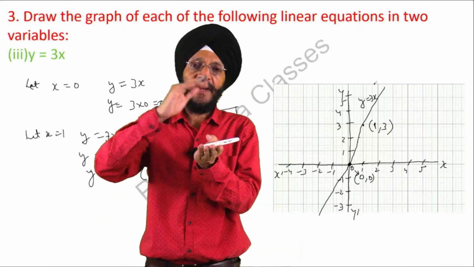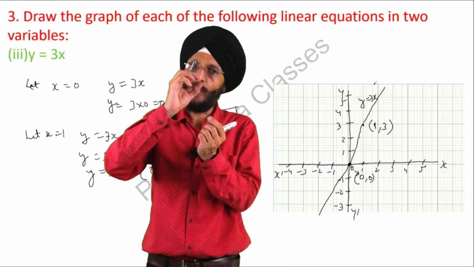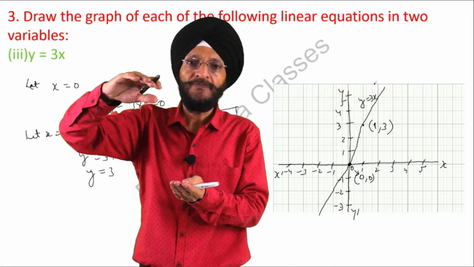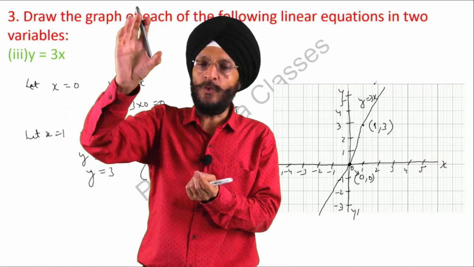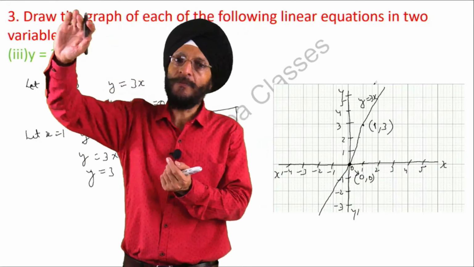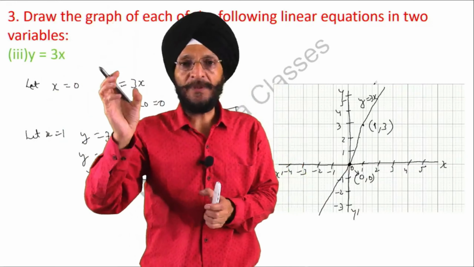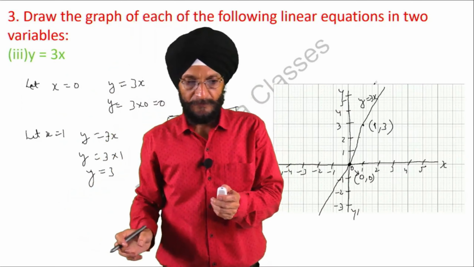And after finding the two values of x and two values of y which satisfy the equation, we will form the 2 points on the graph, and we will join both these 2 points, and on the basis of that, our graphical representation will be formed.